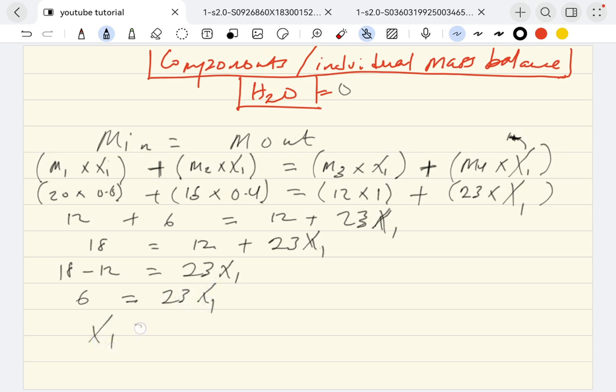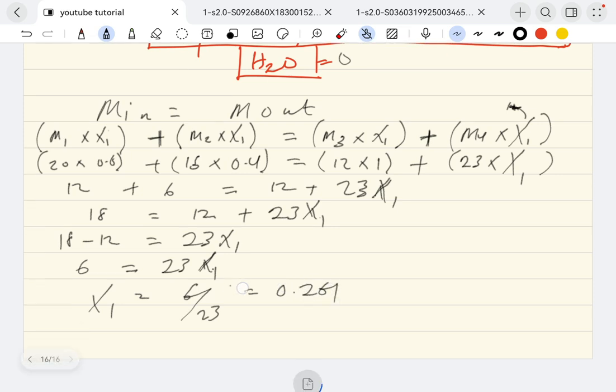So our x1 is simply, no, it's 6 divided by 23, which is 0.261. Very little.